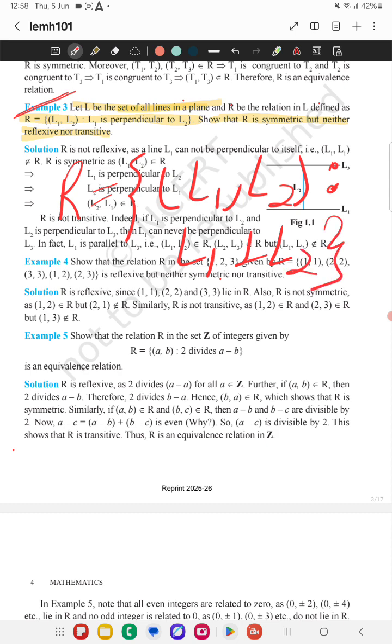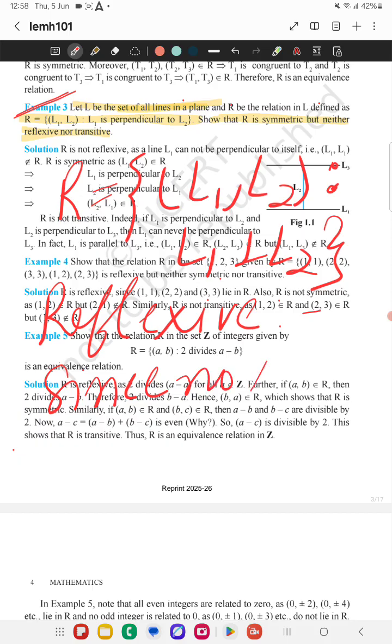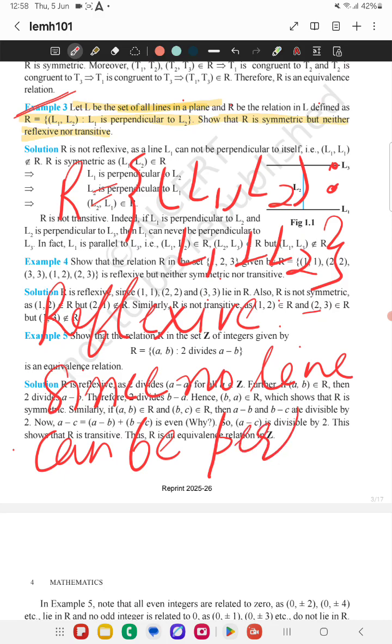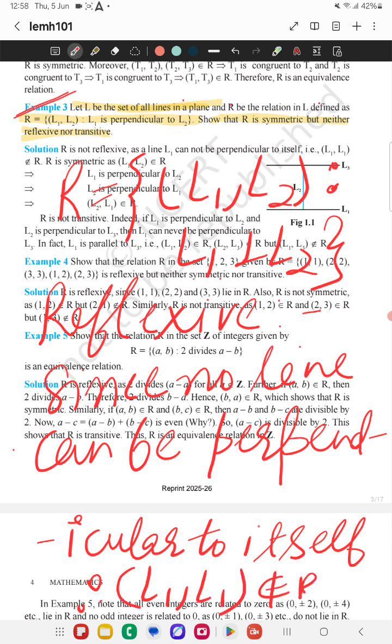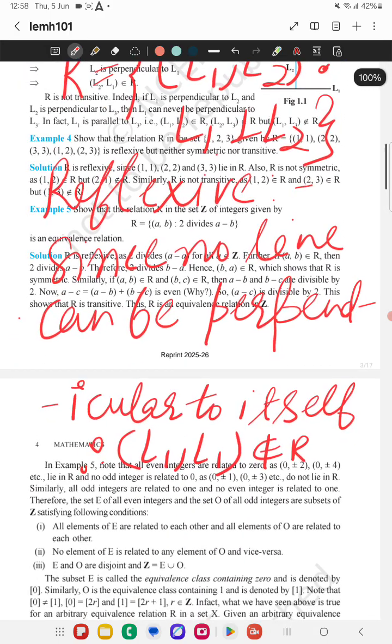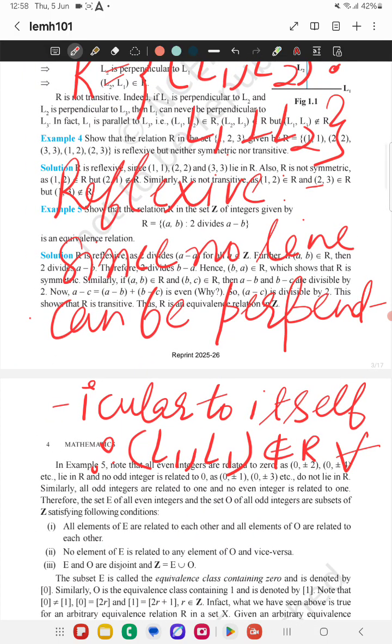So you can write reflexive: since no line can be perpendicular to itself, therefore (L1, L1) does not belong to R for all L1 belongs to L. This is the symbol of for all.